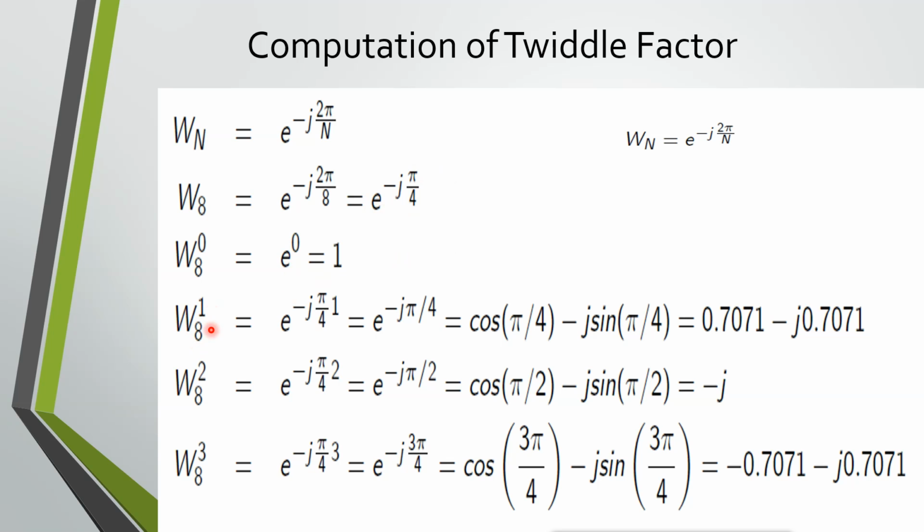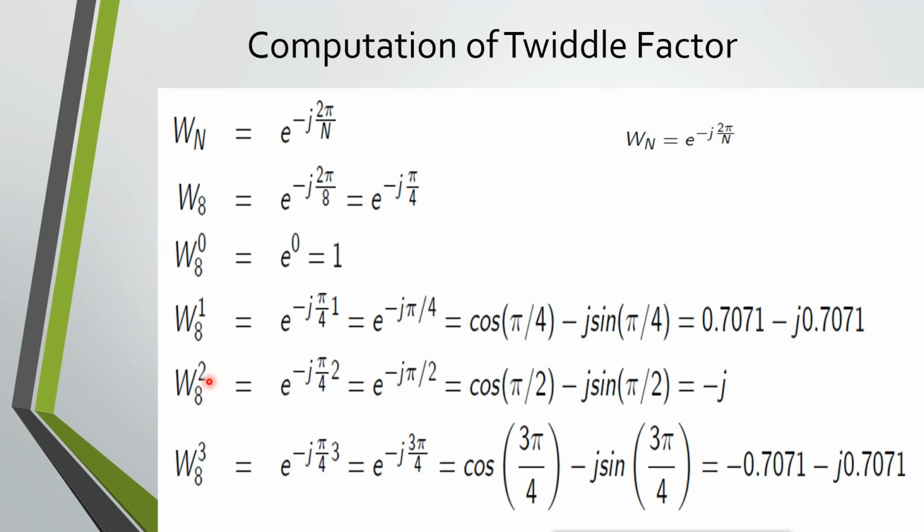W of 8 raised to 1: substitute the value, e to the power of minus j pi by 4 raised to 1 equals e to the power of minus j pi by 4. The value is cos pi by 4 minus j sin pi by 4. It is written as 0.707 minus j 0.707, otherwise 1 divided by root 2 minus j 1 divided by root 2.